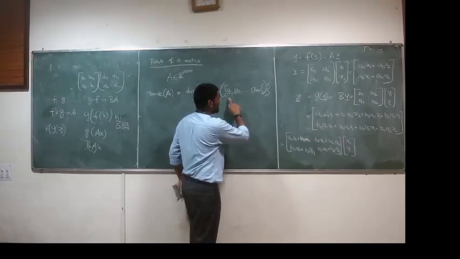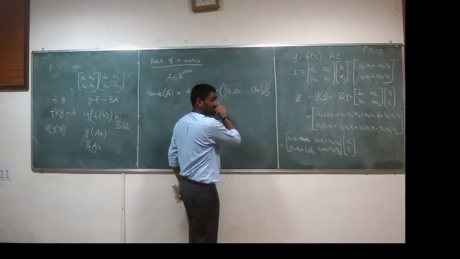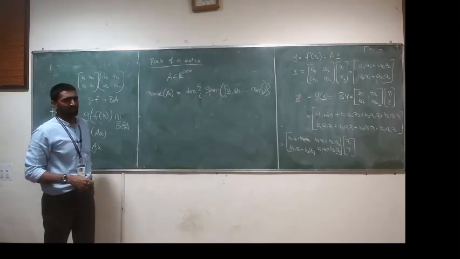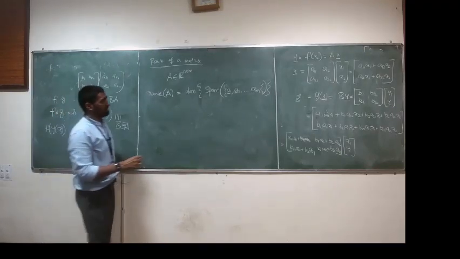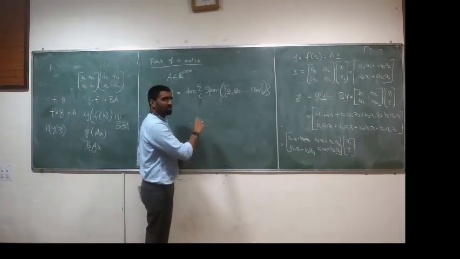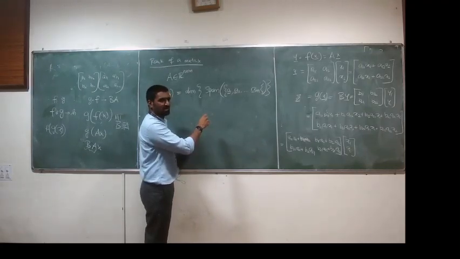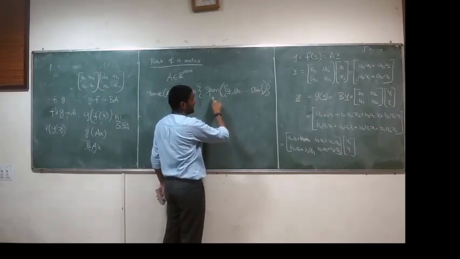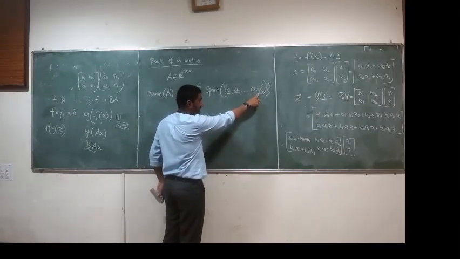What is the span of a set of vectors? It's not just a linear combination, right? It is the set of all linear combinations of a set of vectors.